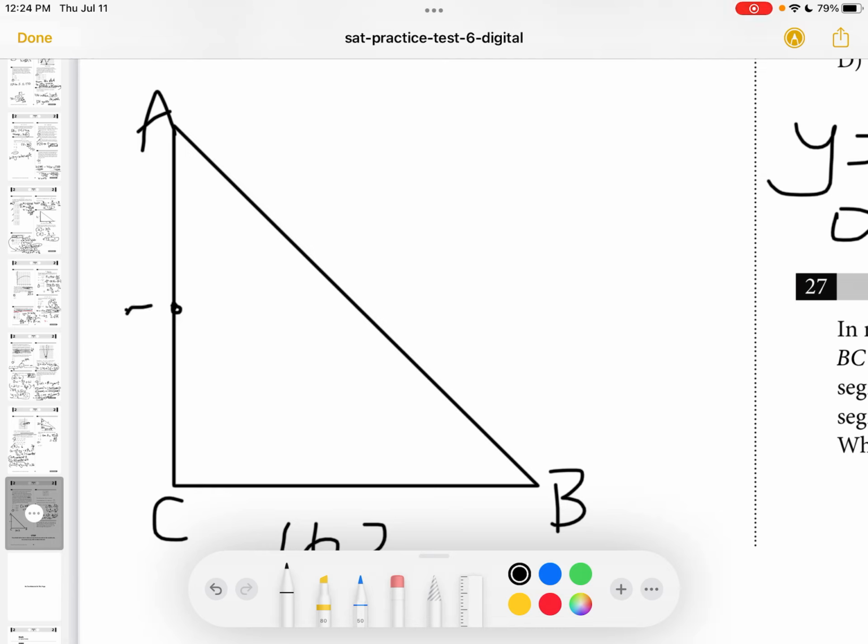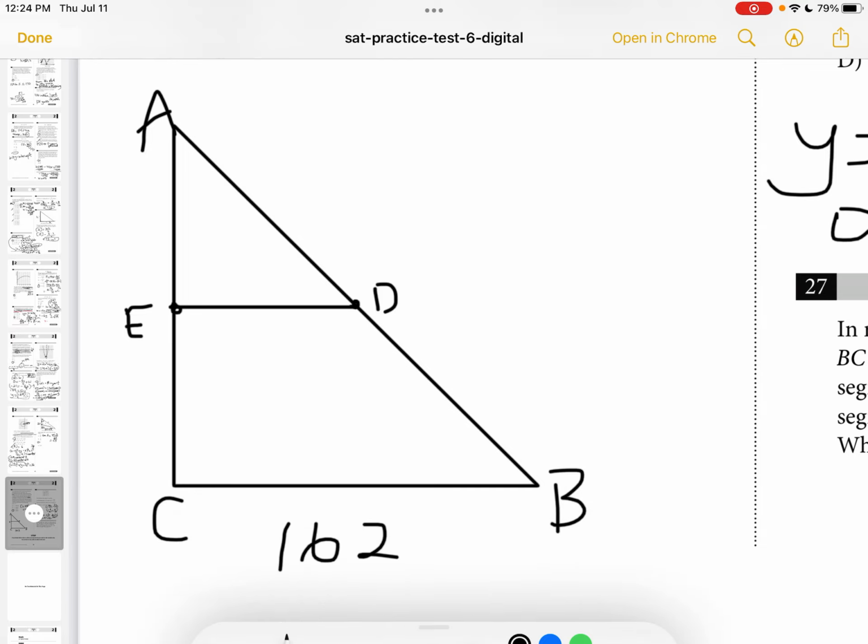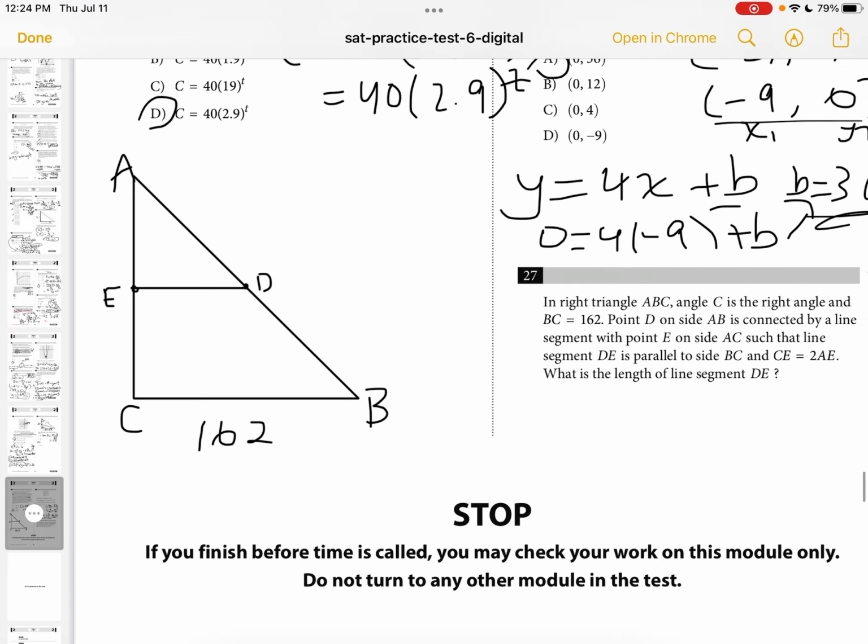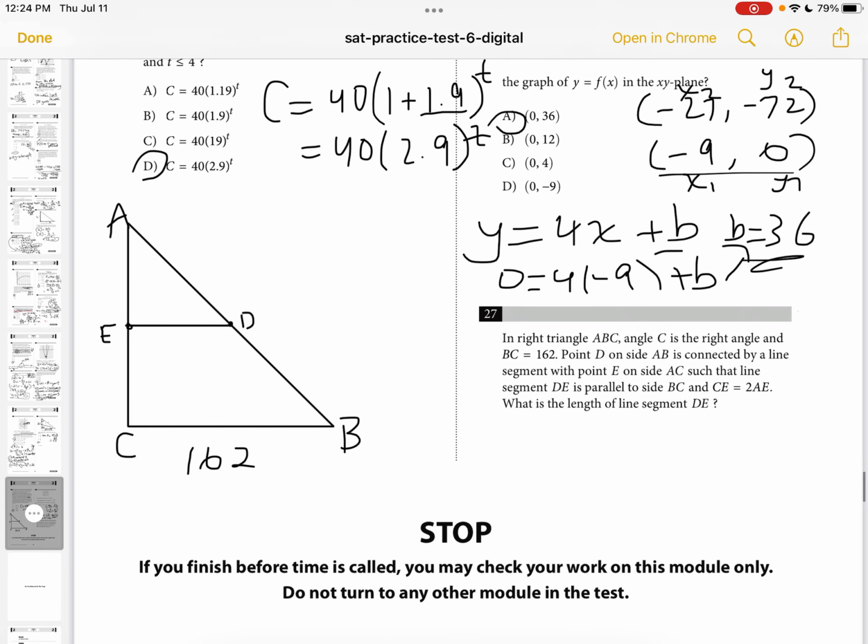So we have E on AC and D on side AB. And we're going to connect the two points. All right, and what else are we given?